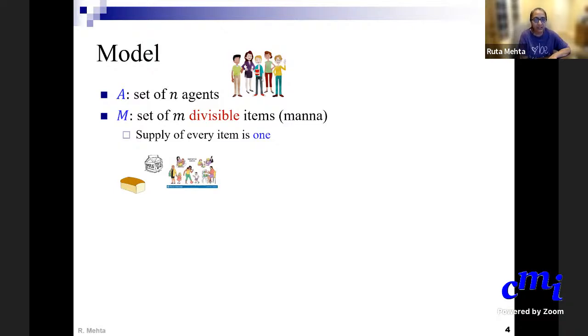So the model is formally, let's say you have a set A of agents and a set M of divisible items. Because these items are divisible, I can think of them as just a supply of one unit without loss of generality. If you give me 10 kilos of cheese, I can give it some name, let's say XYZ, and think of 1 unit of XYZ.